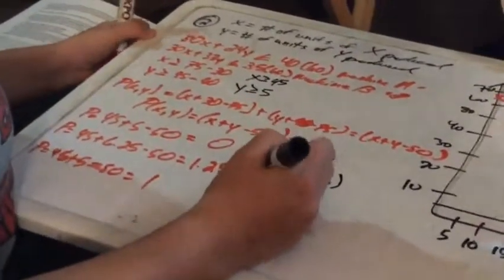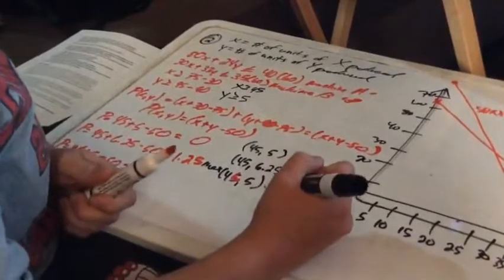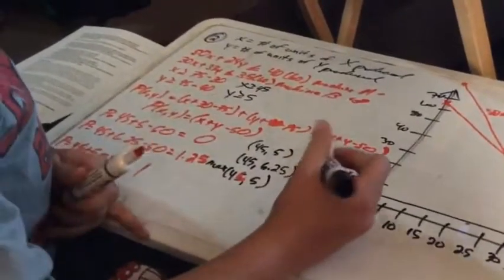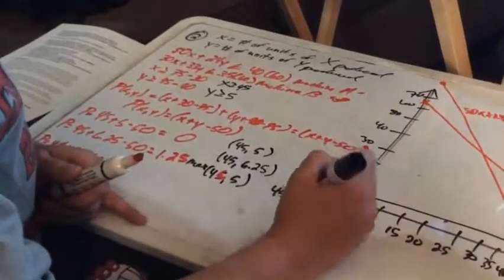So, looking at our variables again, this is our max. So, this means the number of units of X produced is 45 units.